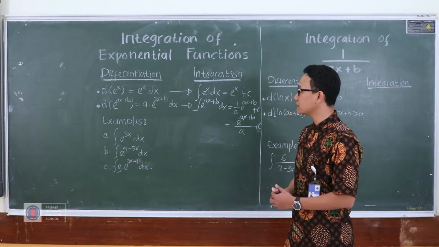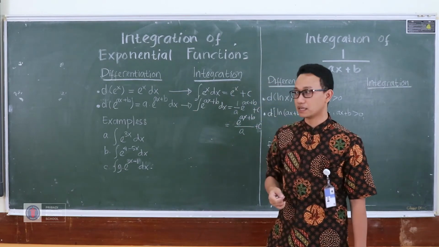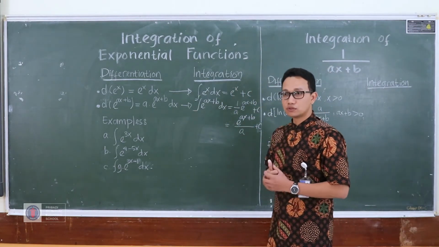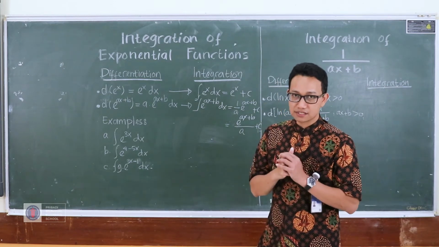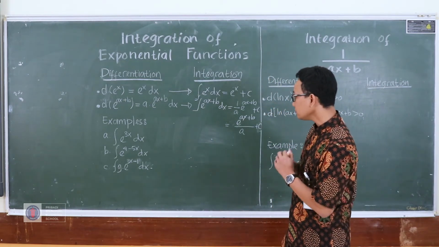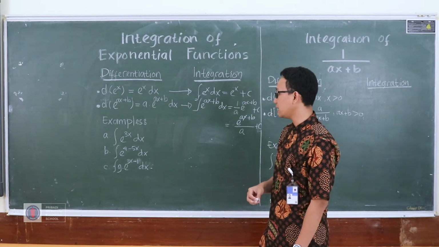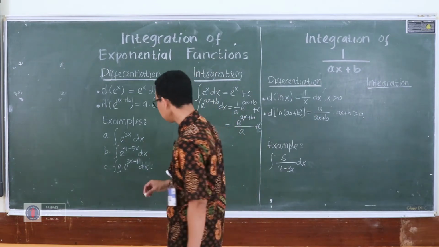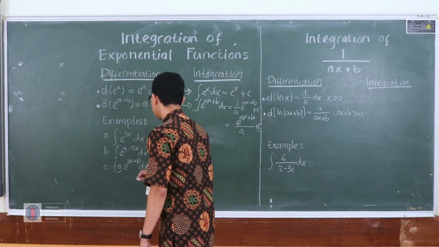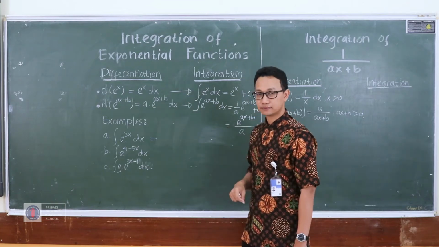All right, so this is how we can find the second form of exponential function. Okay, now to understand more about this, let's see the examples. Here we have the integration of e to the 3x dx. So, by using which one, the first or the second?